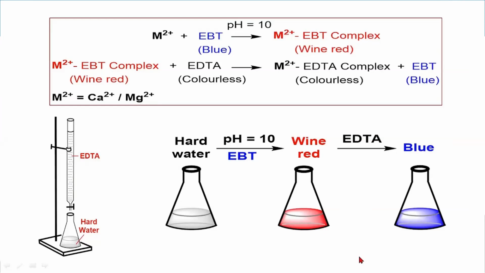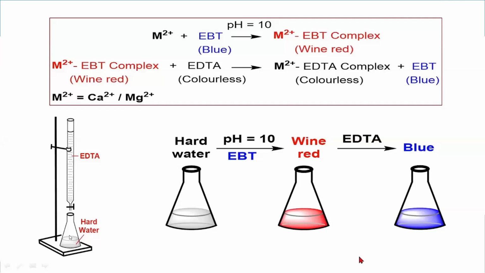So this is the EDTA method. First we take the hard water. In that water we add Eriochrome Black T indicator, and the EDTA solution we take into the burette. This is the burette and this is the conical flask.